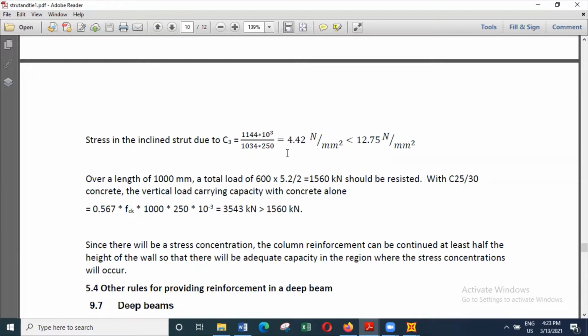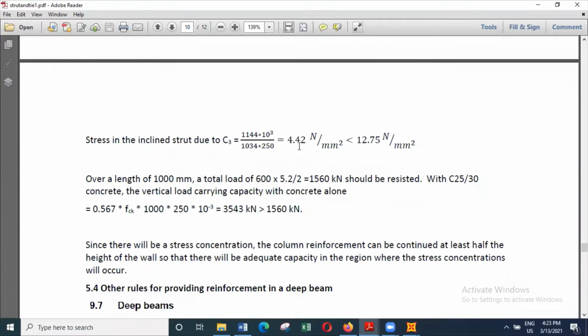So the main advantage of having a pile with a pile cap supporting the wall is, because the pile cap is wide, we get a fairly wide rigid zone, and that will help us to reduce the stress in the strut. Now here you can see the stress in the strut is only 4.42 newtons per millimeter square.